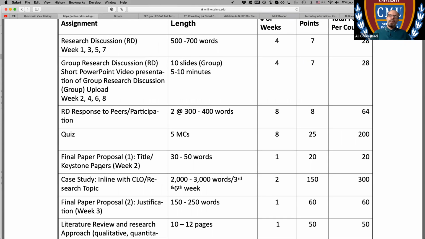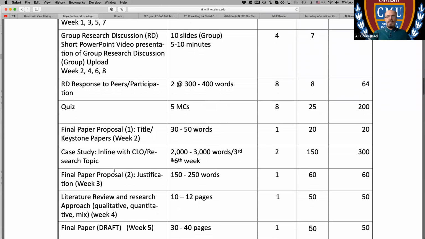If you're wondering what a keystone paper is, it's a paper that you build your title on, usually 1 or 2 papers, and it should be fairly recent, not older than a year. That's the basis upon which you would further investigate a particular subject. We'll discuss that later.